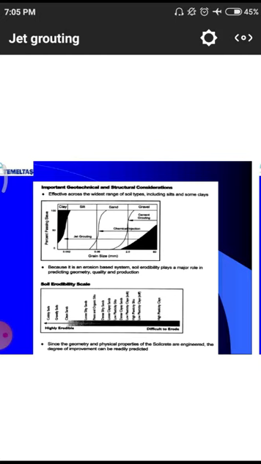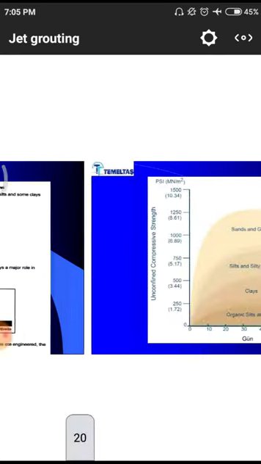That means whenever we are using these jet materials, in some of the cases we are not obtaining a satisfactory strength. In those cases, what we have to do and what is the further objective we have to consider.